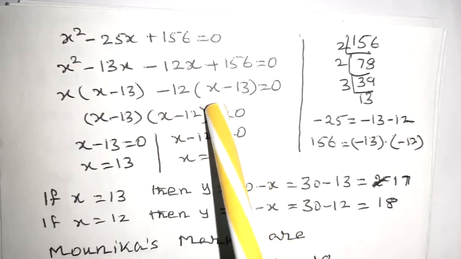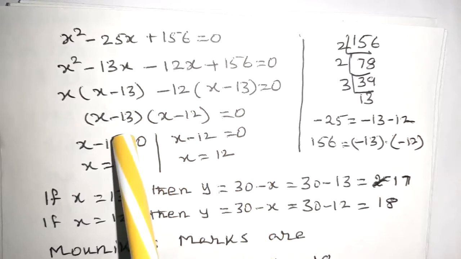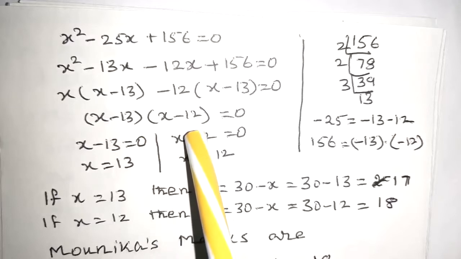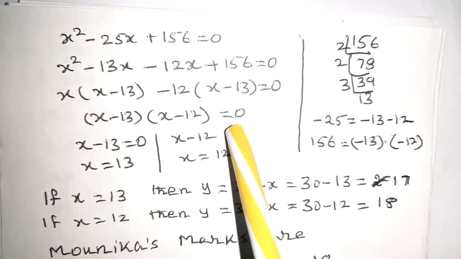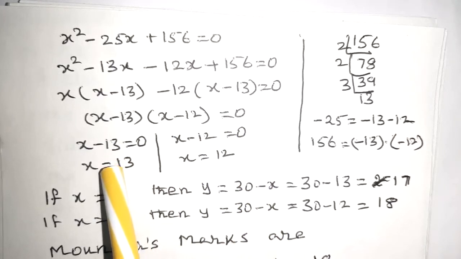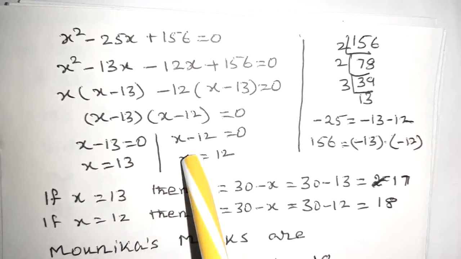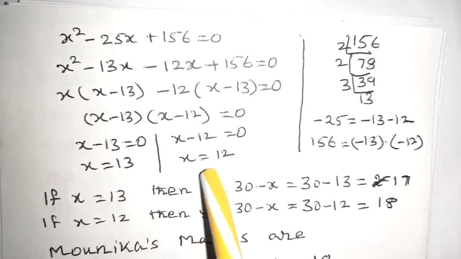Now from these two, x minus 13 is taken as common factor and we get x minus 13 multiplied by x minus 12 equal to 0. Therefore, considering x minus 13 equal to 0, we get x equal to 13. Considering x minus 12 equal to 0, we get x equal to 12.